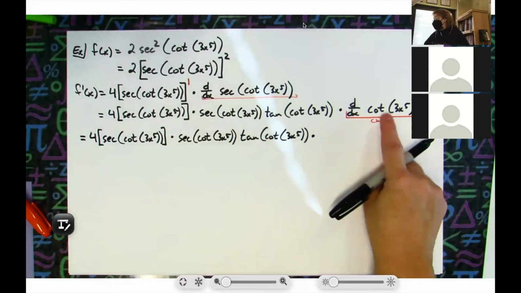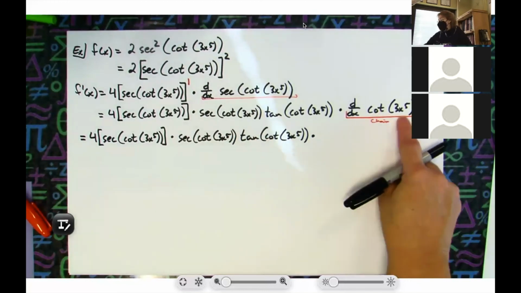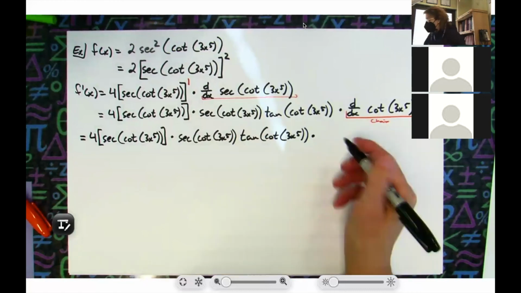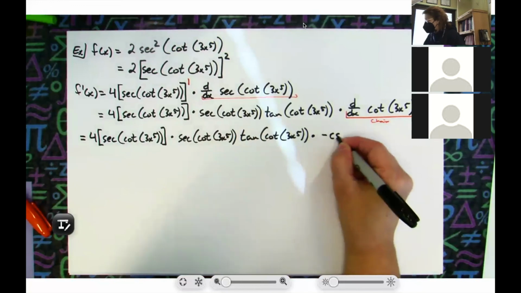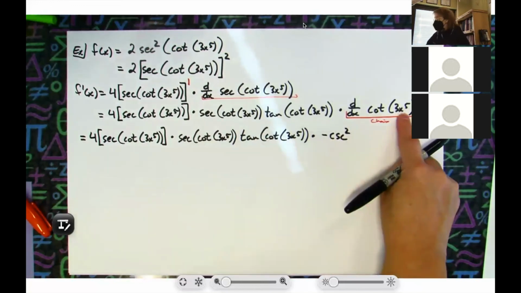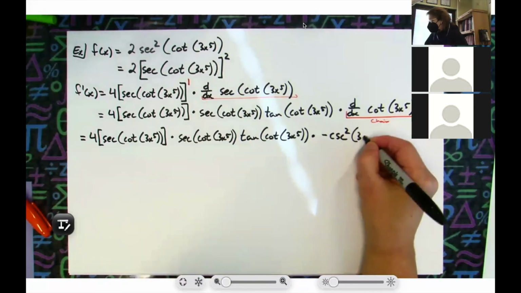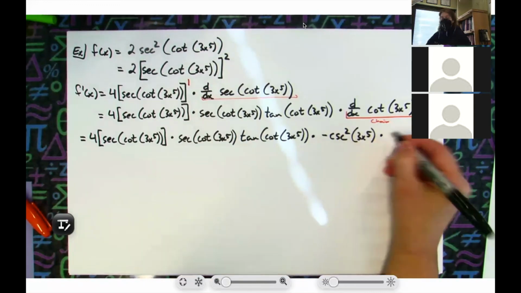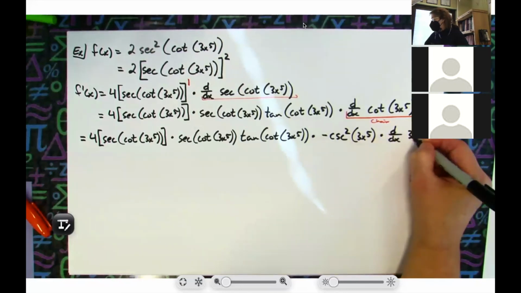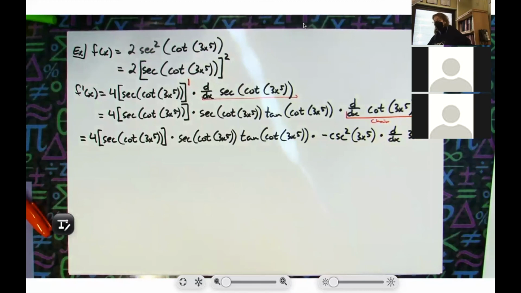We take the derivative of the outside function, leave the inside alone. Derivative of cotangent is, do we have that one memorized? Negative cosecant squared. So negative cosecant squared, derivative of the outside, leave the inside alone, times my last chain, the derivative of 3x to the fifth. That's the last one.